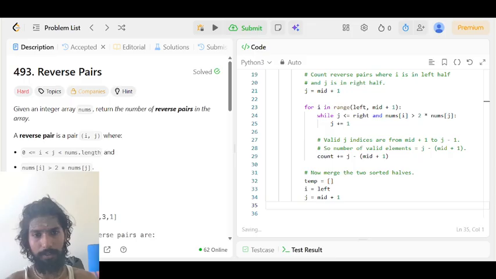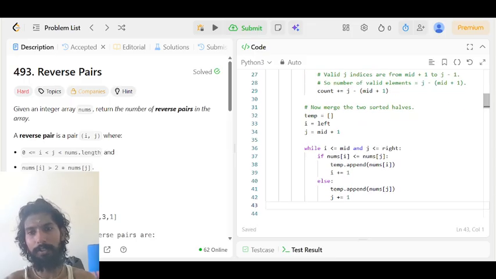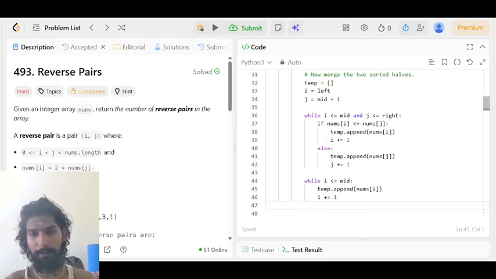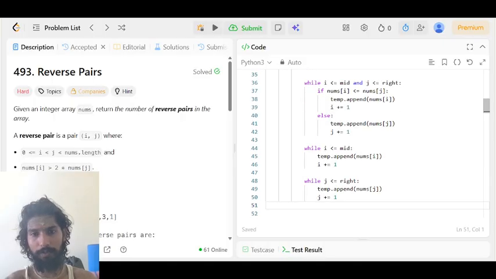So first we run the while loop where i is less than or equal to mid and j is less than or equal to right. Then we copy the left or right elements when the loop ends; one of these will run.